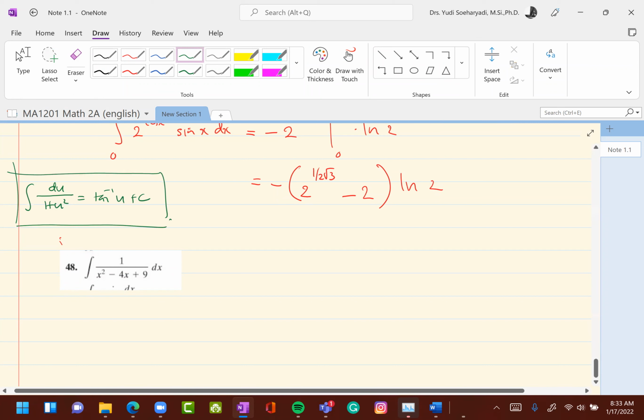So we should be able to write this down as u plus 1 plus u squared. So how do we do this one?